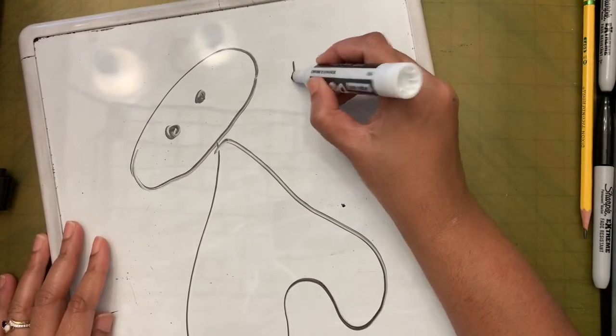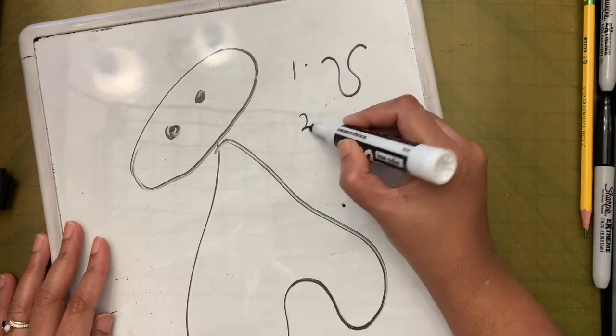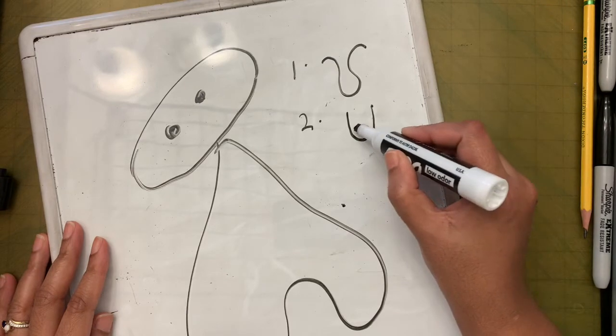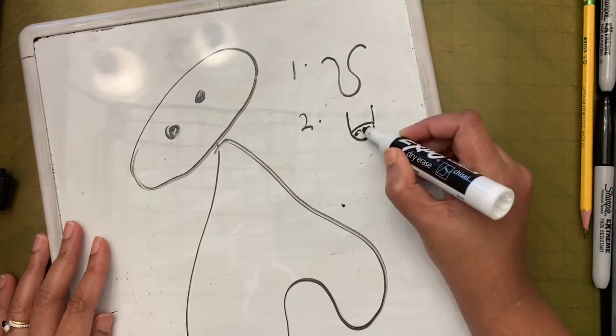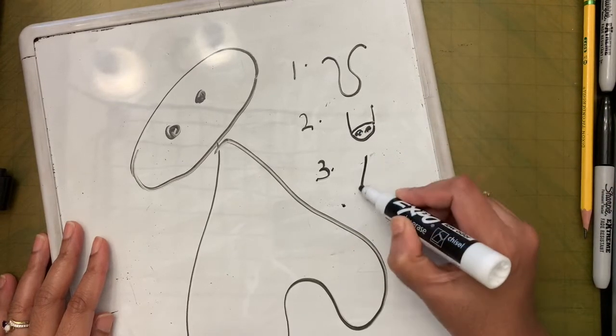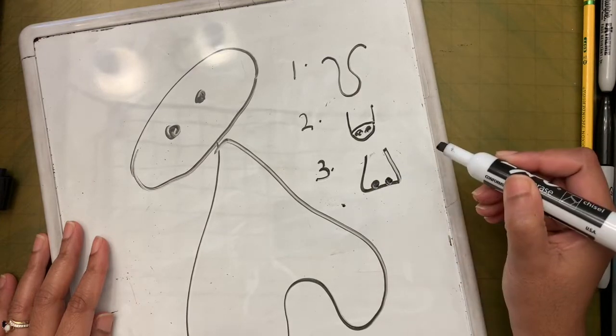So the nose, you can go like that, like that, and then you can connect it like this. Nostrils like that.